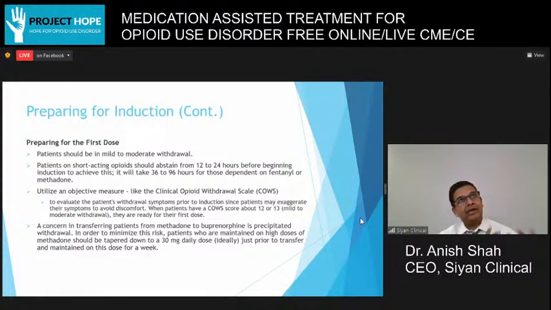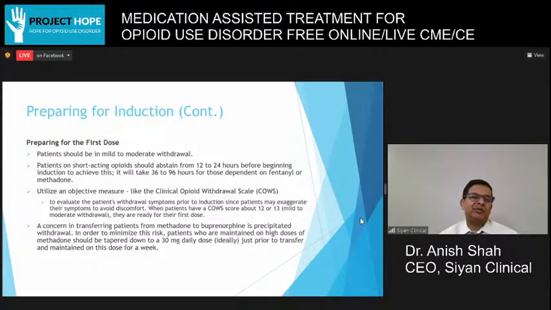Now, one caveat about induction to keep in mind: if your patients are on methadone, then they must be tapered off to a 30 milligram daily dose before you transfer them to buprenorphine treatment. Sometimes in our clinic, we see patients who are on 90 milligram or 120 milligram methadone. Buprenorphine treatment is not the right treatment for them.